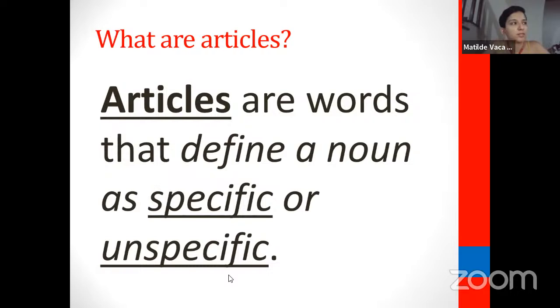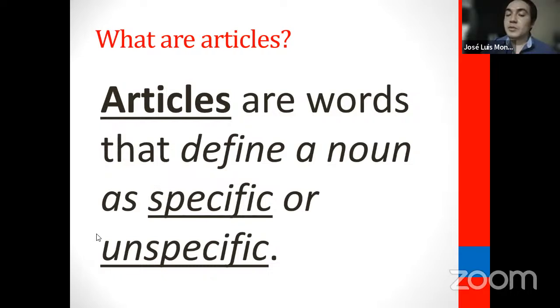I mean, if it's "a", it has to be singular, but "the" could be used in plural, right? But not "a".